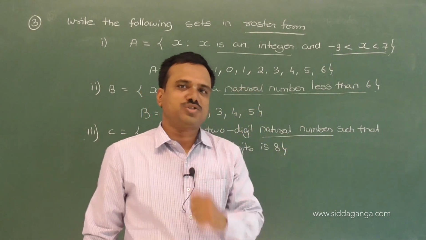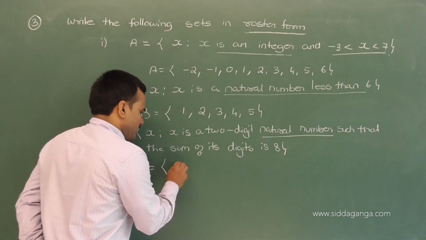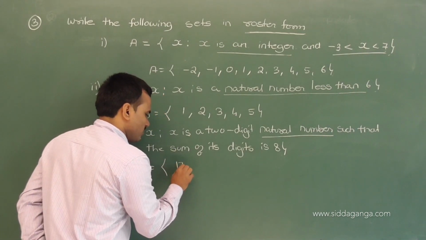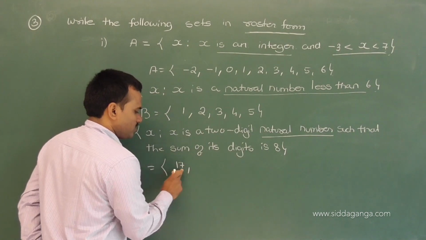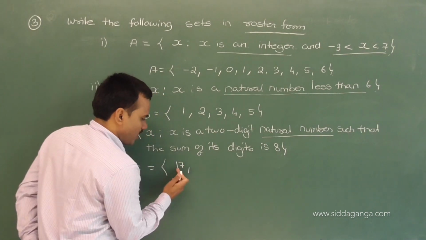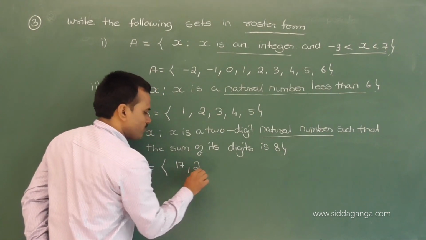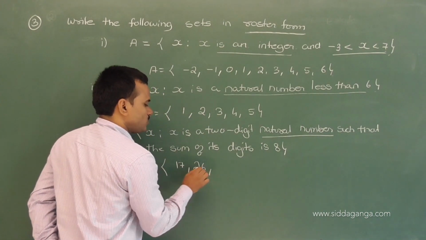If I write 1, then 17, and 1 plus 7 is equal to 8. If I take 2, then 26, 2 plus 6.